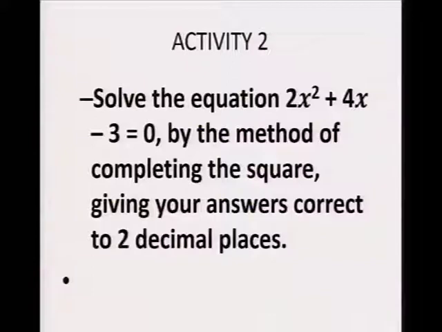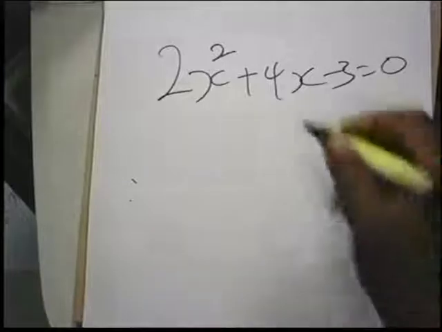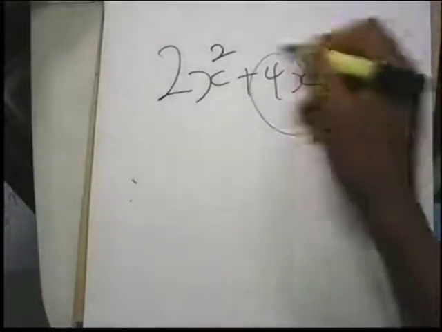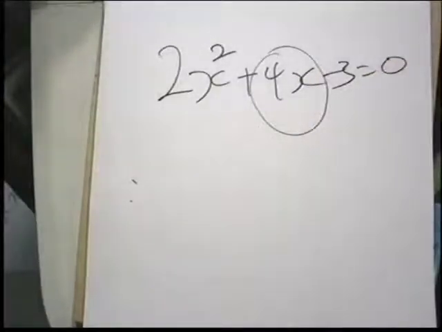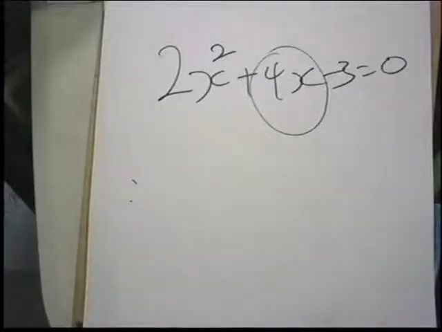When you look at this, you will ask yourself, what is the best way you can solve this equation? Now, let us take this 4 as an example. What can you multiply, that when you multiply it, either you minus or you add it together, it will give you 4?